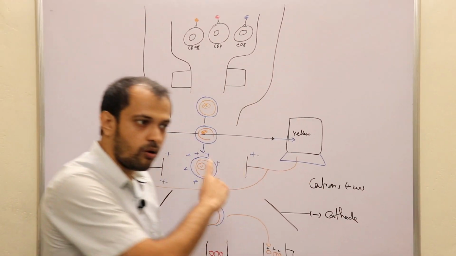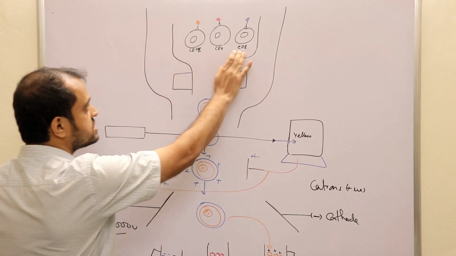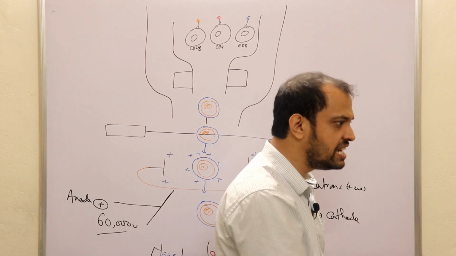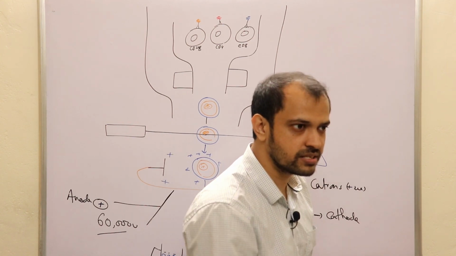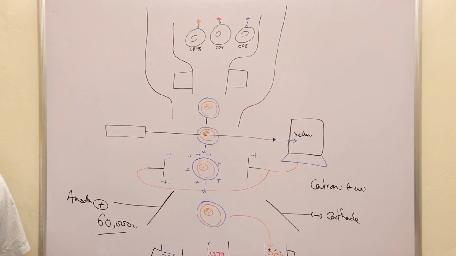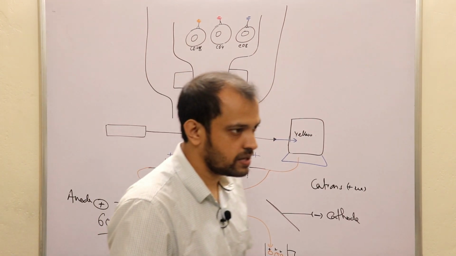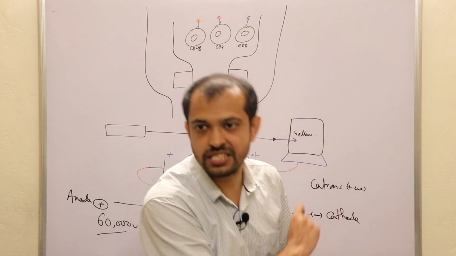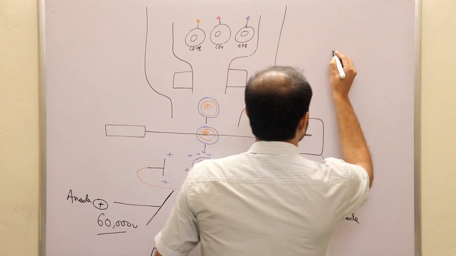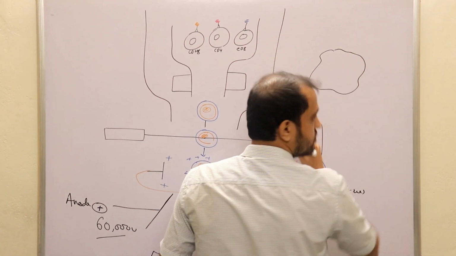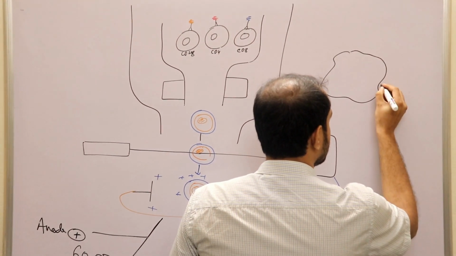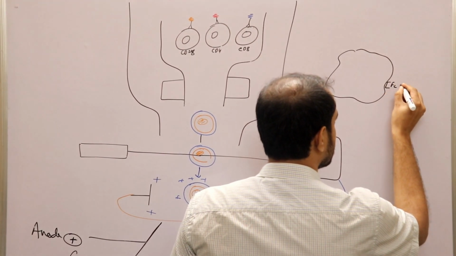CD4 and CD8, these are WBCs. They are T helper type 2 and T helper type 1. Now listen, most of the WBCs have FC receptors. Suppose you take a random WBC, suppose this is a macrophage. Macrophage has FC receptors.